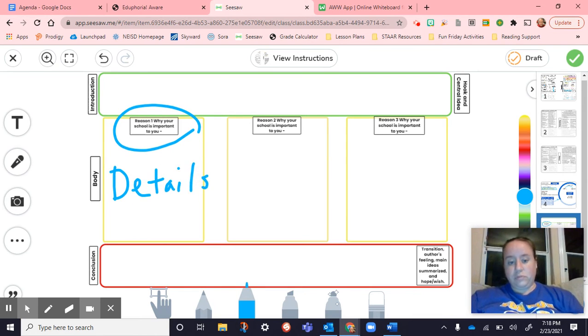Okay. We had a couple people sharing, and one of the things that came up is that we're creating these lists, and we have to get rid of lists. Nobody wants to read that. If you say, oh, my school's important to me because I have a lot of friends at my school, my friends' names are Jennifer and Jessica and Beverly, and you just start listing, well, your reader's going to be like, oh my gosh, this is so boring.